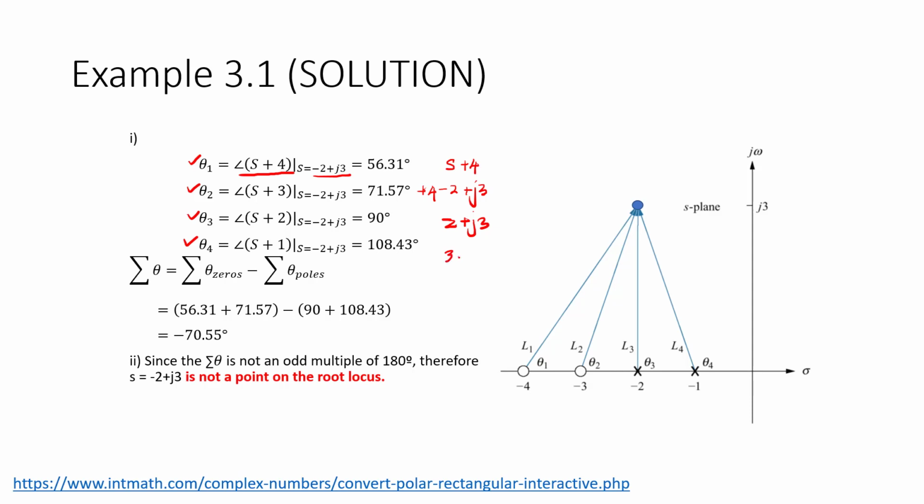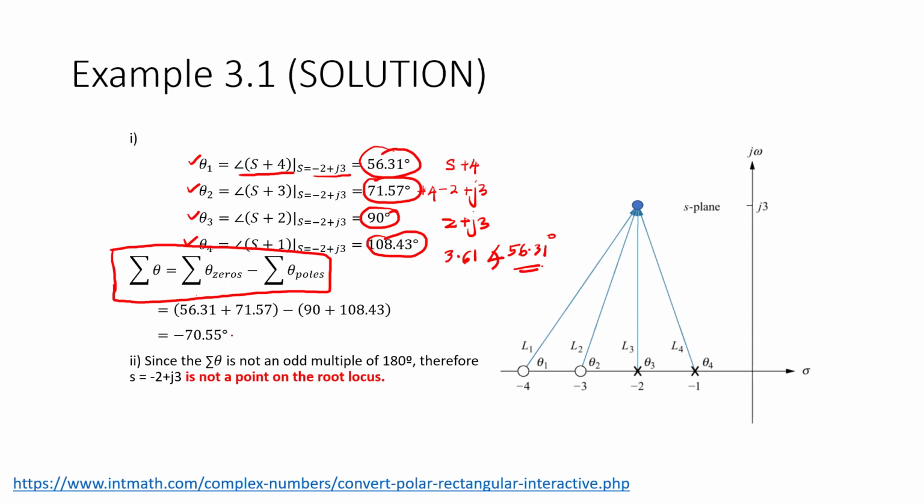You will get 3.61 with a phase of 56.31 degrees. What we are concerned with is the phase. The same applies to the poles and the other zero. The first zero gives 56.31 and 70.57. The next is minus 19 degrees and 108.43 degrees.